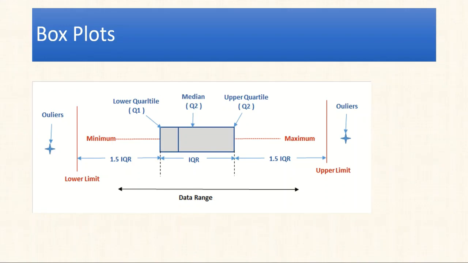It doesn't follow the normal pattern of the others. This is the median, which is our Q2. These are the lower quartile and upper quartile, which I explained before. And this is our minimum and our maximum, excluding the outliers. So this box plot is also a very important plot that we will be discussing during the course.